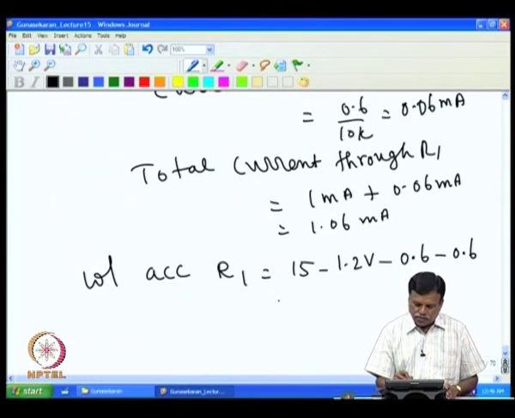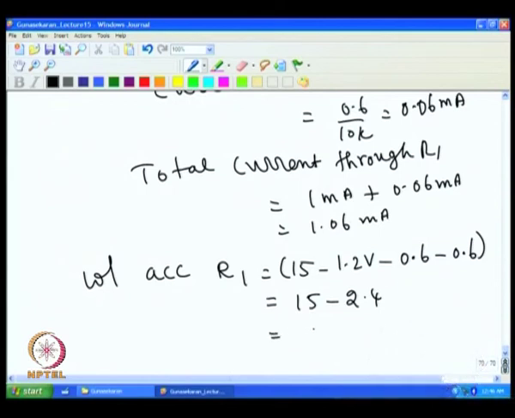That is the voltage across R1, which works out to be 15 minus 2.4, that turns out to be 12.6 volt.